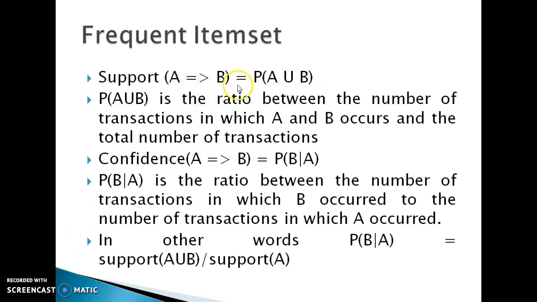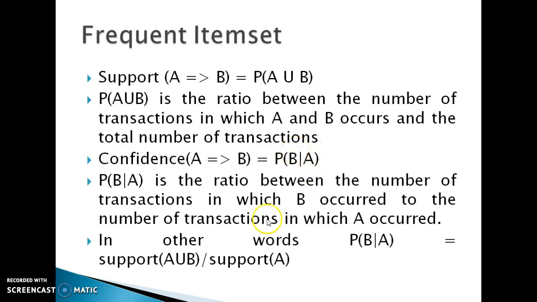Probability, as we all know, is a ratio. So support is the ratio of the number of transactions in which A and B occur to the total number of transactions. Similarly, confidence is given by the formula probability of B conditioned on A, that is, the ratio of the number of transactions in which B occurred out of the transactions in which A occurred.